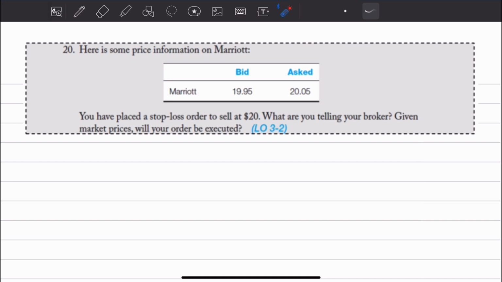So here it says you have placed a stop loss order to sell at $20. What are you telling your broker?